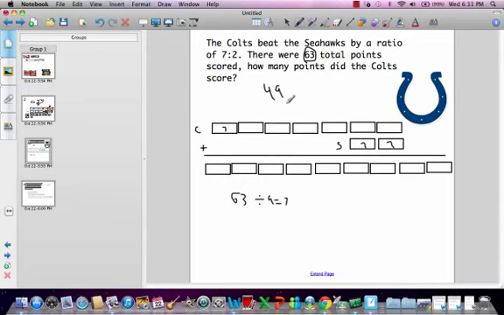And not only that, but 49 to 14, if I wrote that as a ratio, 49 to 14 equals 7 to 2, because I'm dividing them by the exact same number, and that number, of course, would be 7, which is coincidentally, or maybe not coincidentally, the amount that each rectangle was worth. Hopefully that helps you understand.